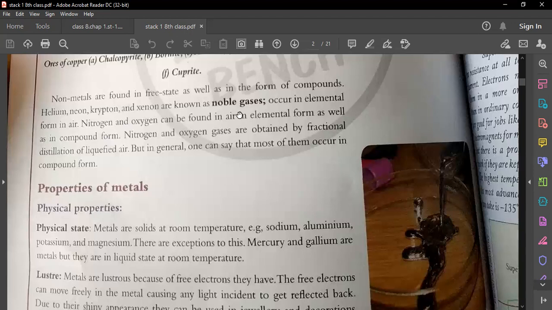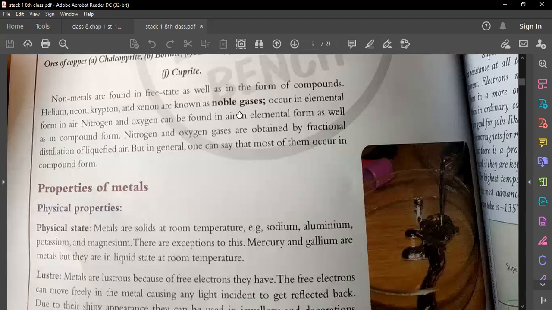You know already nitrogen is almost 78% in the air, oxygen is 21%. So you can separate nitrogen and oxygen using fractional distillation. Clear up to this? Yes, sir. So this is just the introduction about metals and non-metals. That is not that important, but you should know it.